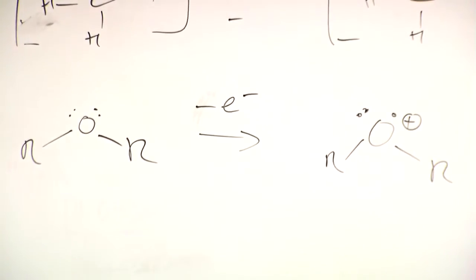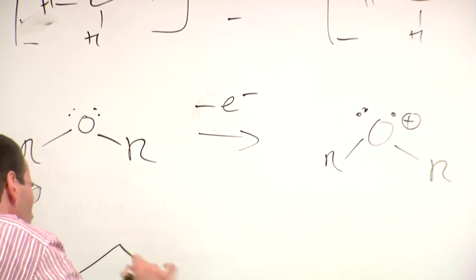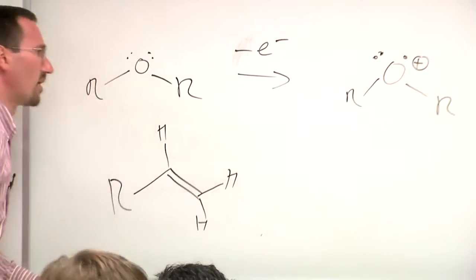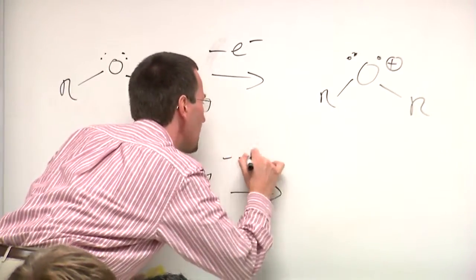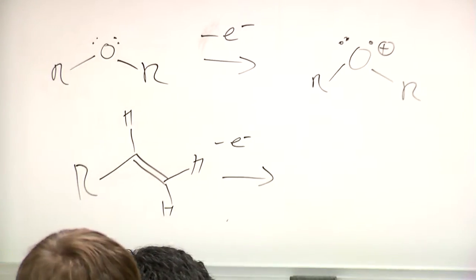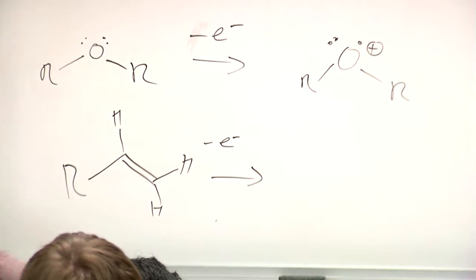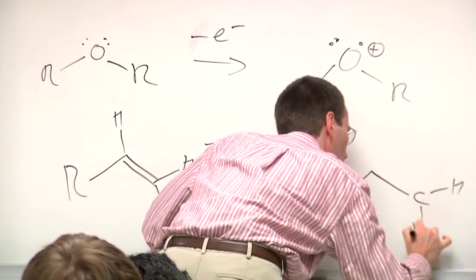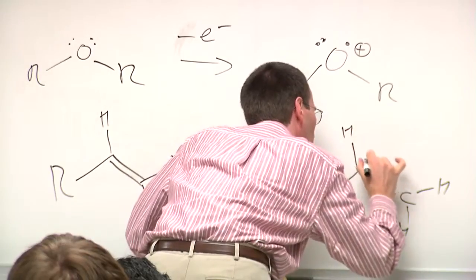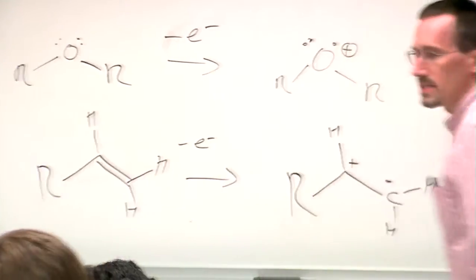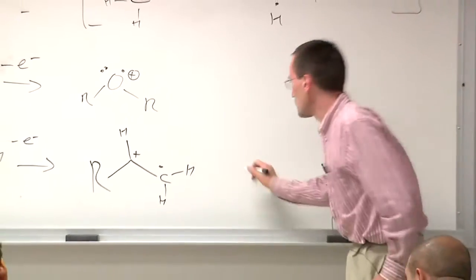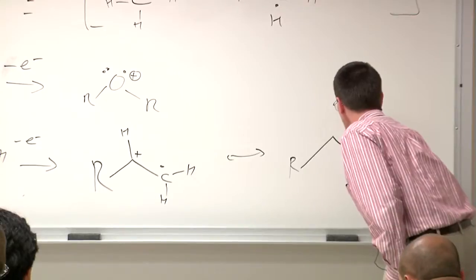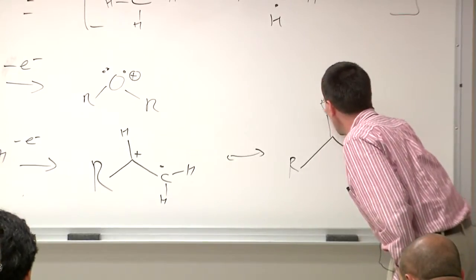If you have an alkene, you can say, well, the pi orbital is the highest occupied molecular orbital, so we're going to take an electron away from it. I can write a resonance structure like so. And a second resonance structure, maybe perhaps a more minor contributor, where I just swap the charge and the odd electron.